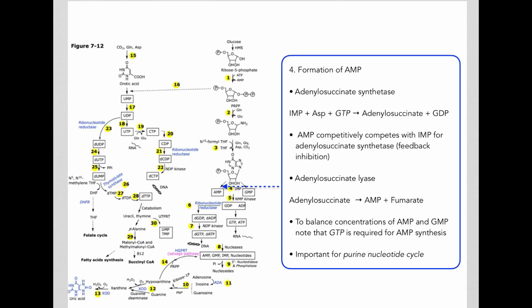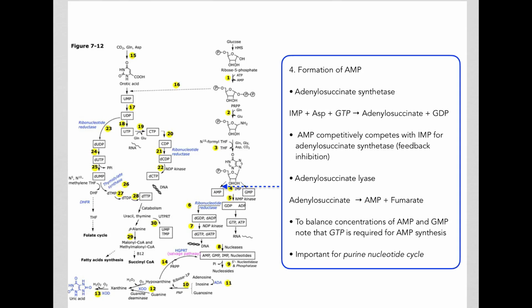We see another feedback inhibition since AMP, the product, will inhibit this first step here, the synthesis of adenylosuccinate. So this is an example of feedback inhibition.